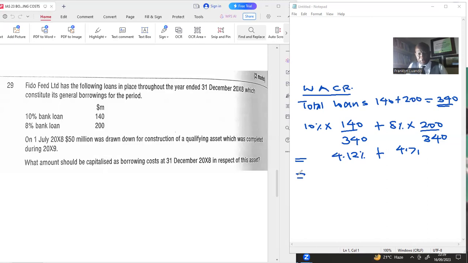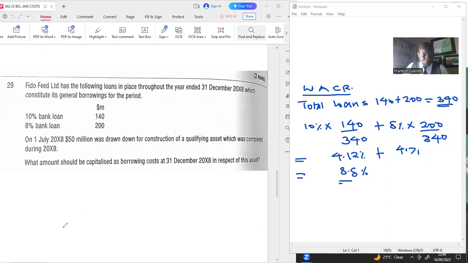Total interest, 4.12 plus 4.71, which will be 8.8 to the nearest one. So we have calculated the weighted average capitalization rate because we have the general pool. So now we go to the question there.